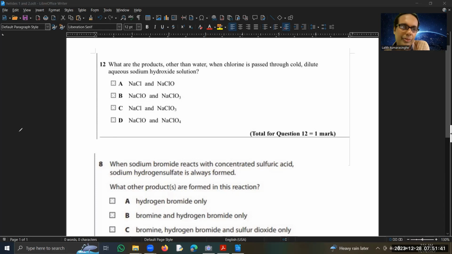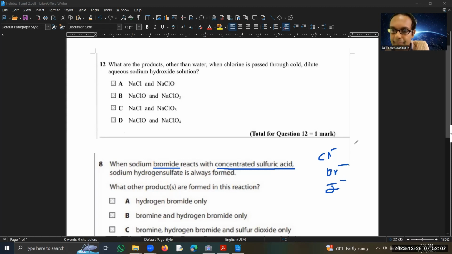This is just a reaction you should know, not exactly a test. It can be used as a test, but this is bromide, chloride, iodide with concentrated sulfuric acid. It's a standard test for chlorides, bromides, and iodides. All, and another thing is all three are colorless ions.